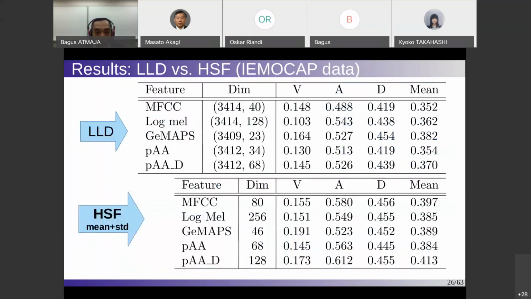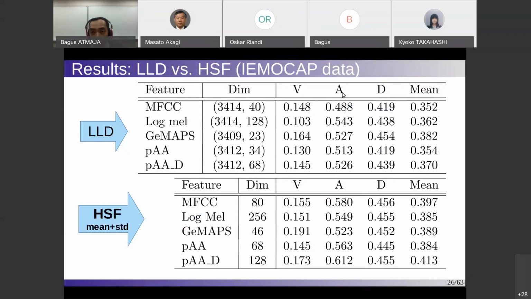I evaluate this approach on 5 different acoustic features: MFCC, LogMel, GeMAPS, Geneva Minimalistic Acoustic Parameter Set, and also PAA, Python Audio Analysis, an open source feature extractor, and also PAA with deltas. So we can see here that the size or dimension of the low-level descriptor is huge, 3,000 multiplied by 40, for example, for MFCC, and the result is given here in CCC score, concordance correlation coefficient.